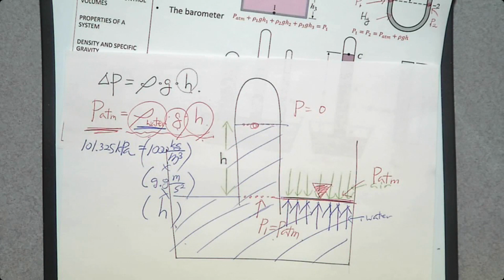So when you do the calculation, you need to multiply by 1,000, or divide the right-hand side by 1,000. So 101.325 divided by 1,000, then divided by 9.8. So it's going to be approximately 10 meters.